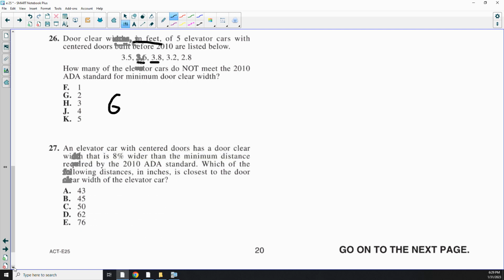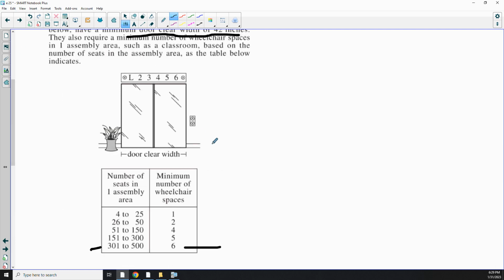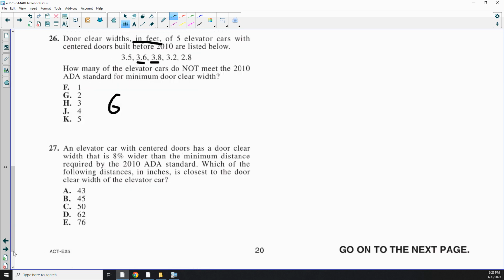An elevator car with center doors has a door clear width that is 8% wider than the minimum distance. What would that be? So the minimum clearance is 42 inches. So we would have to increase that 42 by 8%.